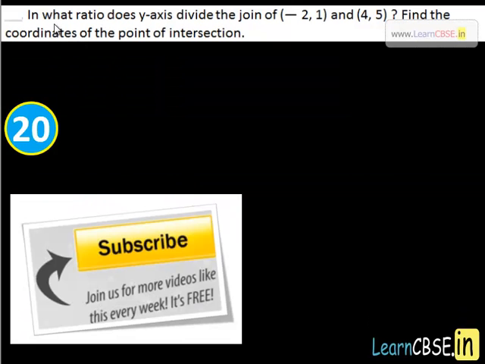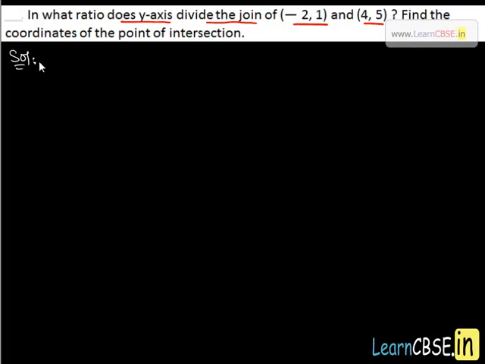In this problem, we have to find out in what ratio the y-axis divides the join of (-2, 1) and (4, 5). We have to find out the coordinates of the point of intersection. Let's work out the problem. First of all, we will assume A (-2, 1) and B (4, 5) be the given points.